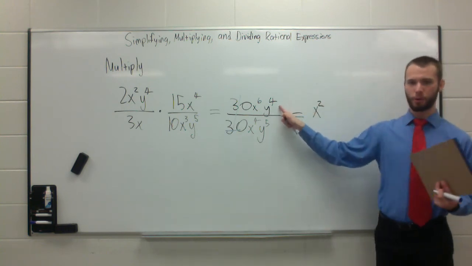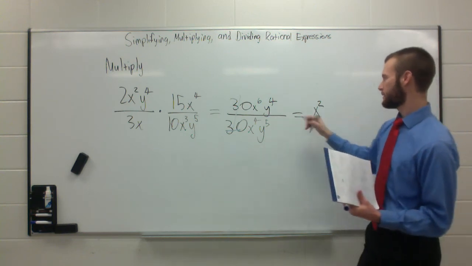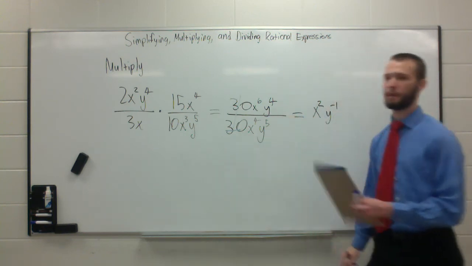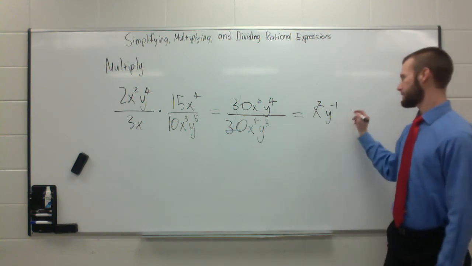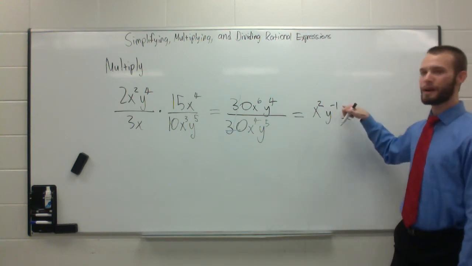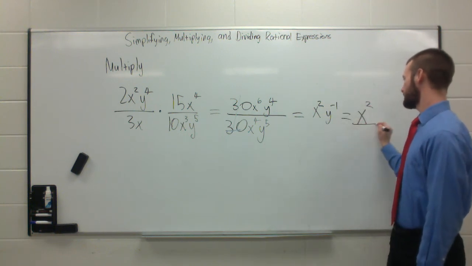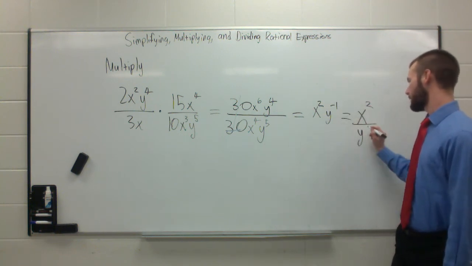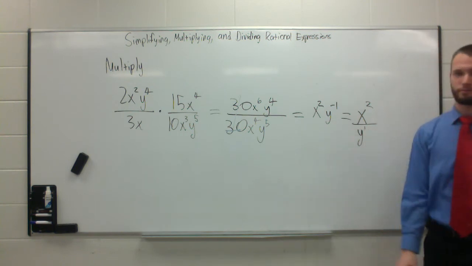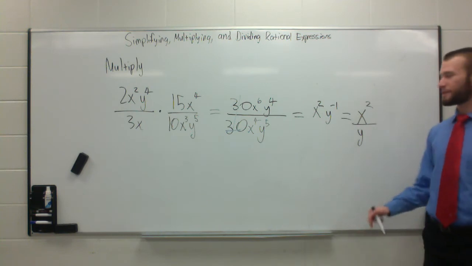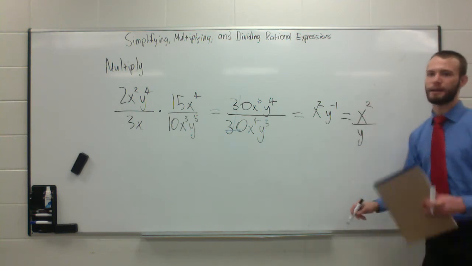Then y to the fourth divided by y to the fifth, subtract the exponents, and that is y to the negative 1. If you remember from the last time we talked about negative exponents, a negative exponent is the same as having a positive exponent in the denominator. So x squared over y to the positive first power, and since it's to the first, you don't need to write it. So this simplifies to x squared divided by y.